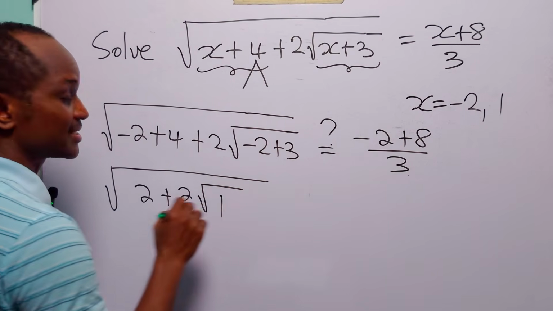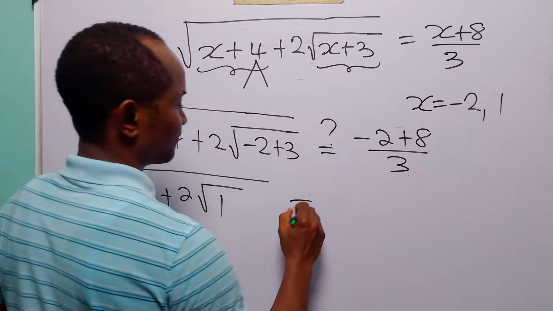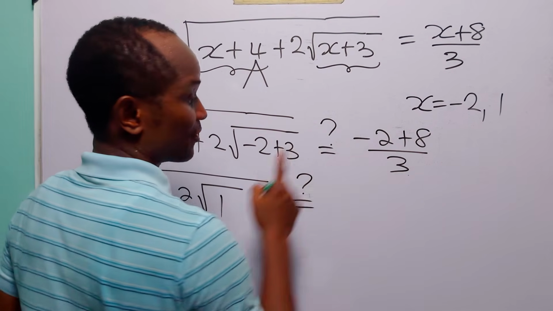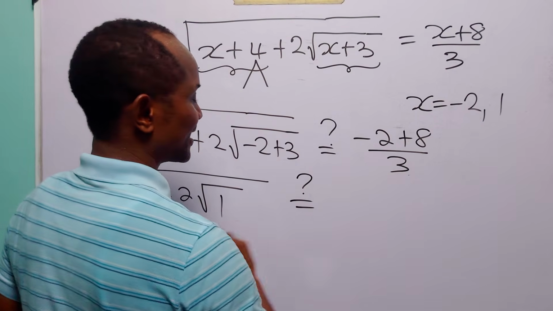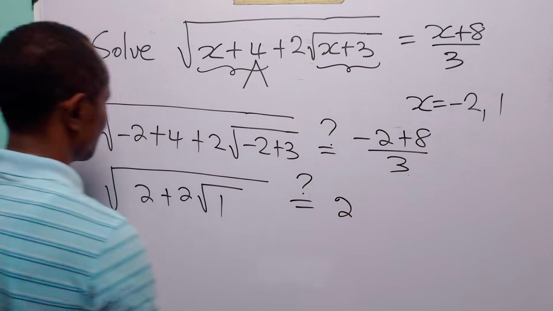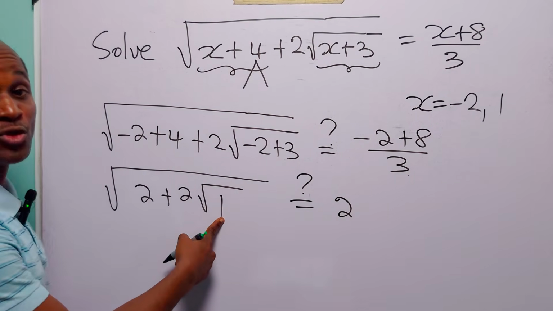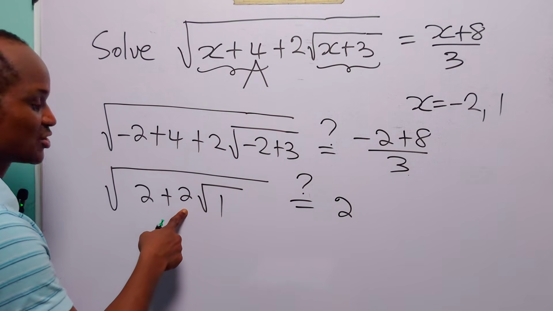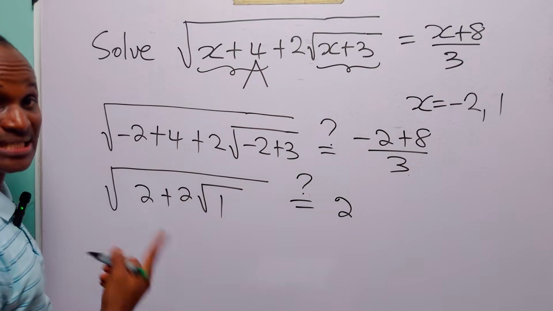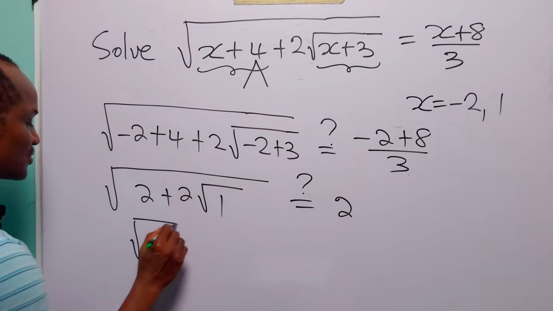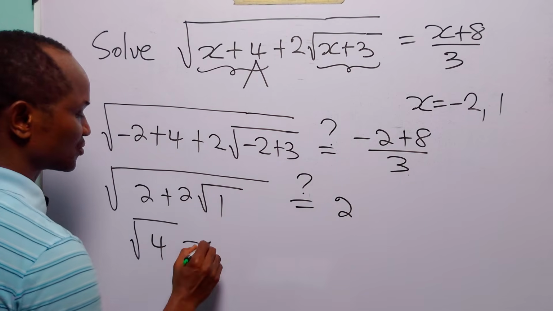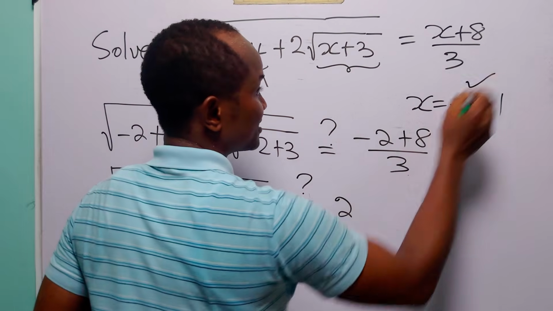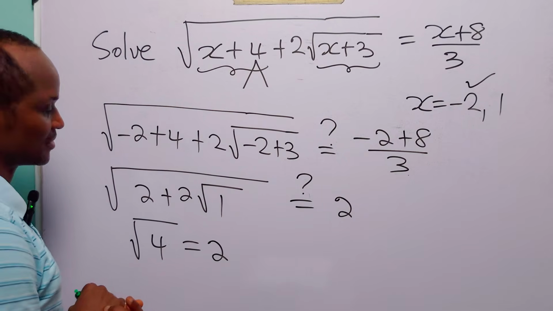Minus 2 plus 3 is equal to 1. 8 minus 2 is 6. 6 divided by 3 is 2. The square root of 1 is 1. 1 times 2 is 2. 2 plus 2 is equal to 4. And of course, the square root of 4 is equal to 2. So, this value of x works out.